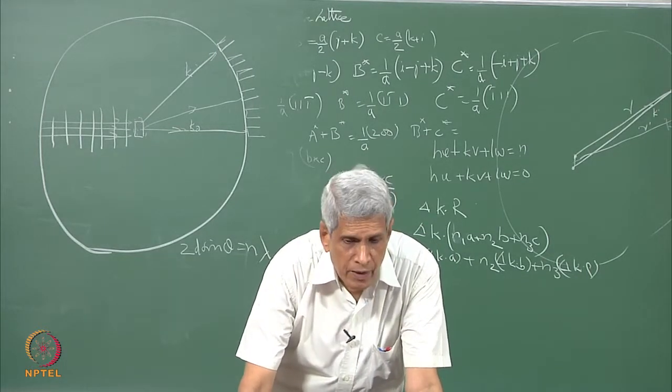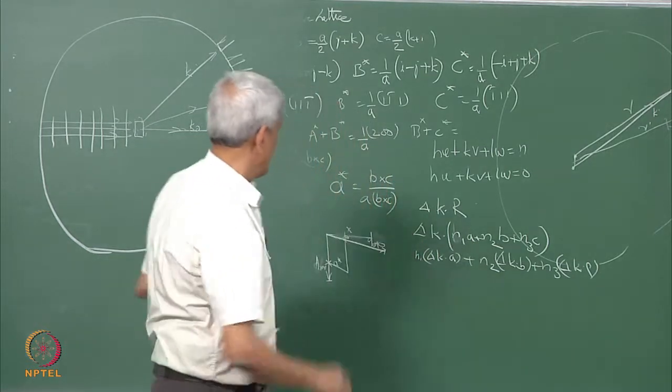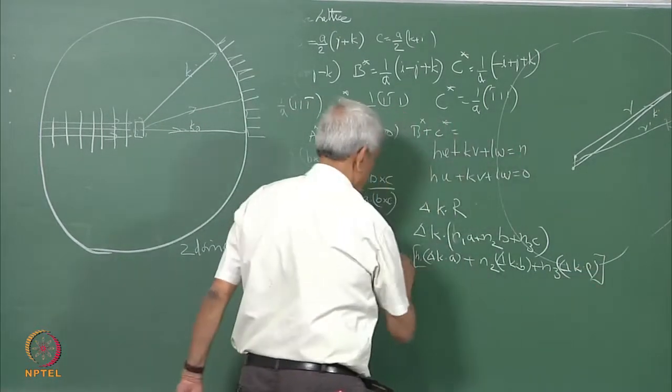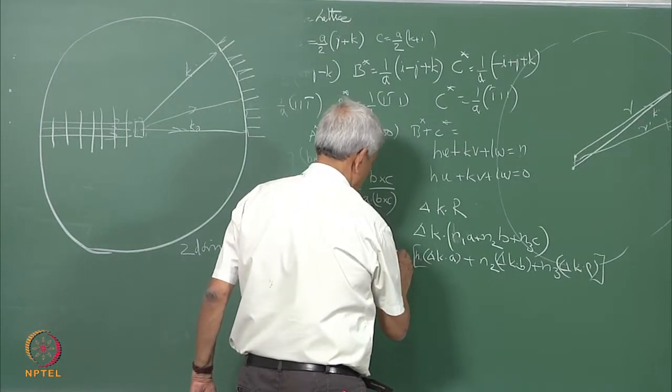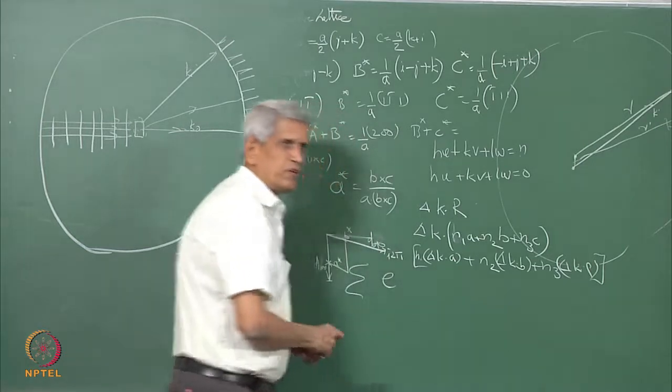What is interesting about it is that this, into i into 2 pi into exponential, that is what the sigma of it we write, correct.